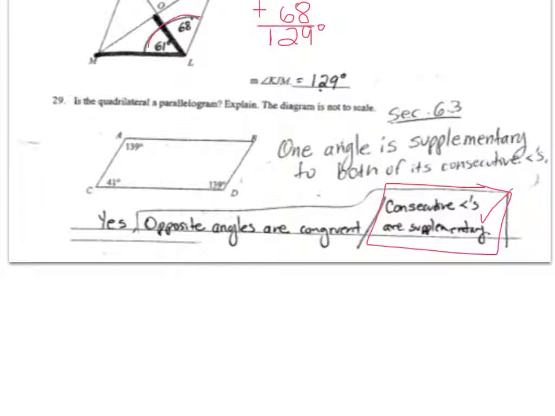But pre-AP, that we cover section 6.3, there's a special theorem that says one angle is supplementary to both of its consecutive angles. So this is the reason that pre-AP would be able to use, because this angle is consecutive to 139 and 139 over here, and they're supplementary. So that's the answer for number 29.